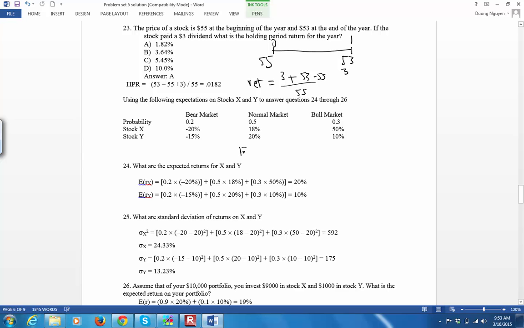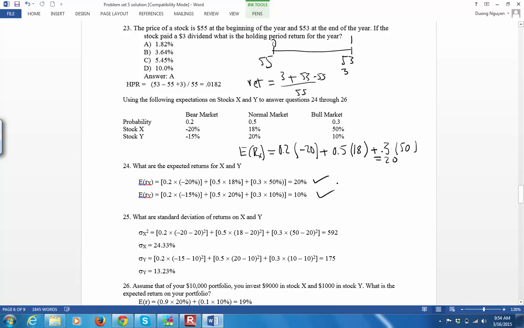The expected return for X is the probability in the bear market, 0.2, times the return of X in the bear market, negative 20, plus 0.5, the probability in the normal market, times the return of 18% in the normal market, plus 0.3 times 50% in the bull market, and the whole thing equals 20%. So if you invest in stock X, you expect about 20%. Do the same thing for Y, you get 10%.